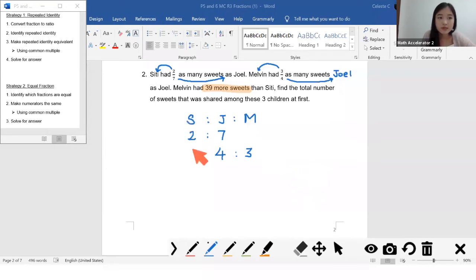So the next step, make repeated identity equivalent. You can already see here, Joel is being repeated in your 2 sets of ratio. So make them equivalent, common multiple of 4 and 7.